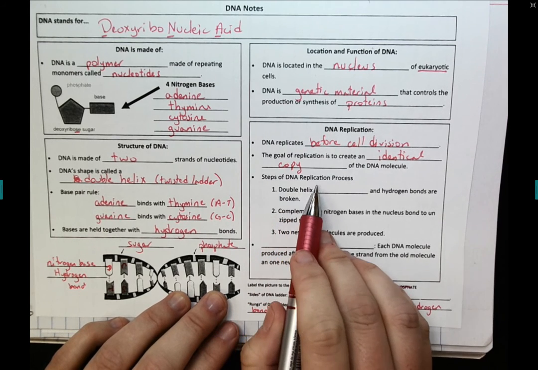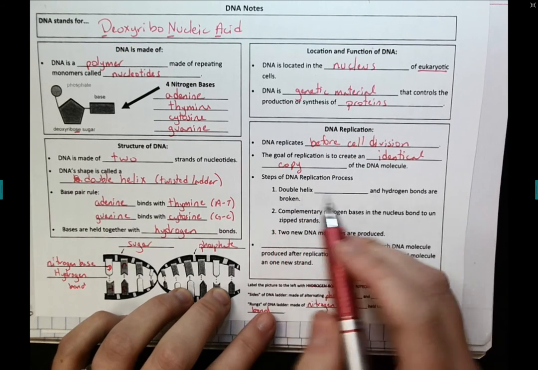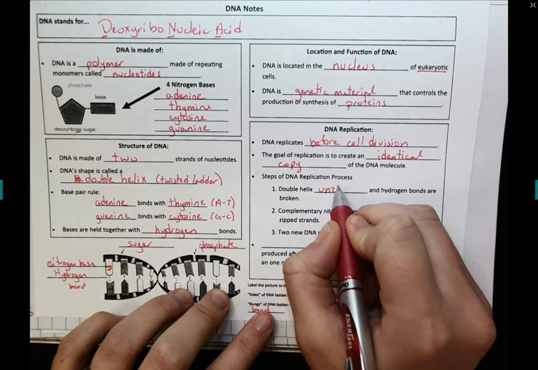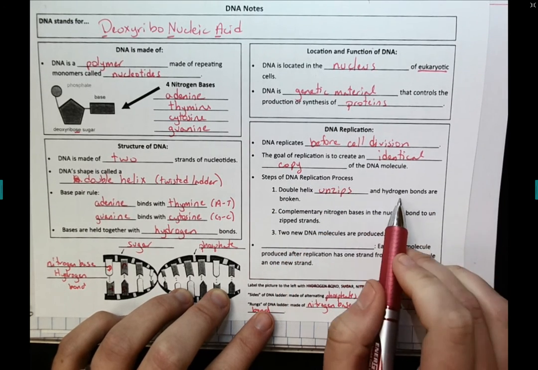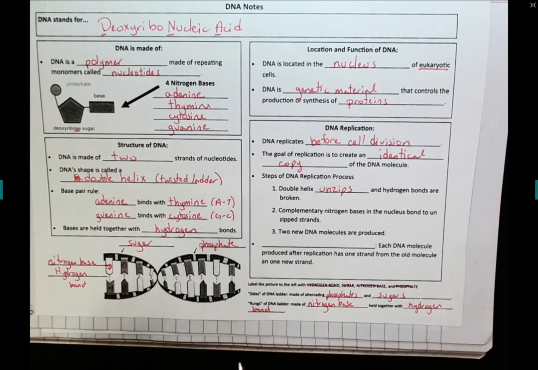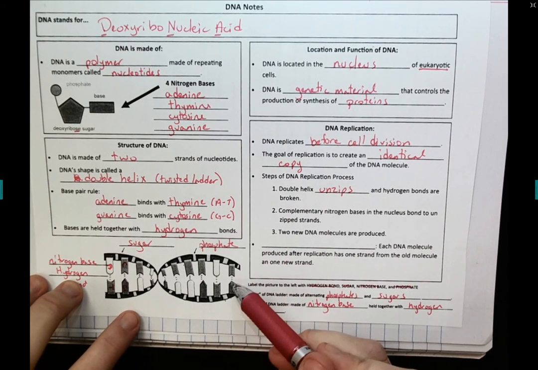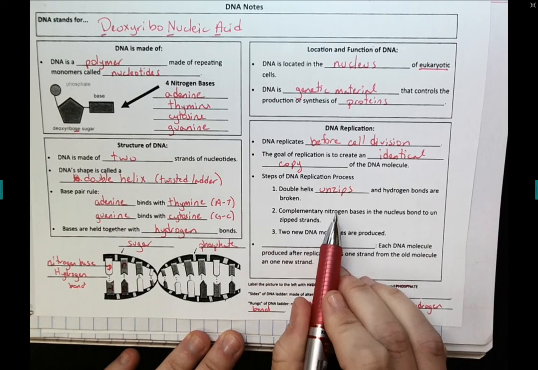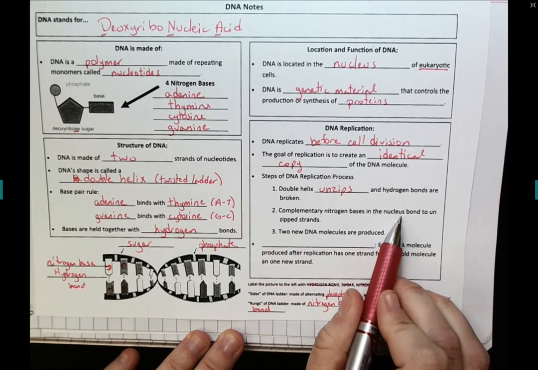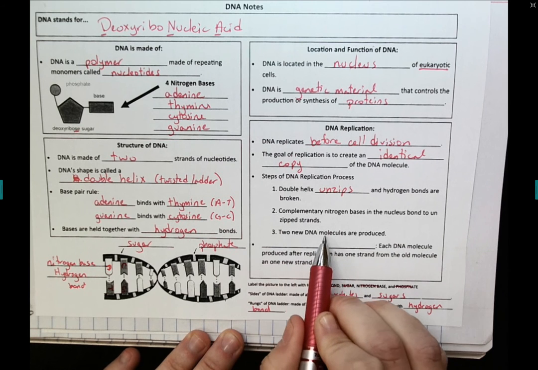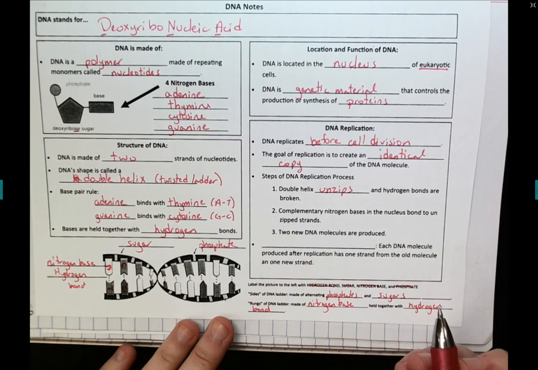So the steps of DNA replication, step number 1, the DNA helix unzips and the hydrogen bonds are broken. So it's not a twisted ladder anymore, it'd be a flat ladder. And then we start to break those hydrogen bonds. Complementary nitrogen bases in the nucleus bond to the unzipped strands and 2 new DNA molecules are produced.